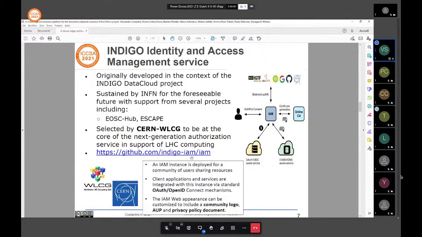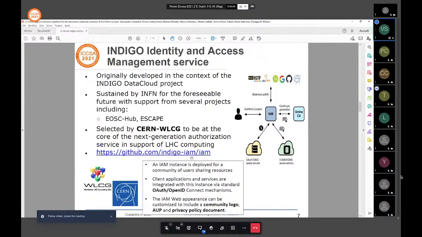It is sustained by INFN and by the projects that decided to adopt this service, in particular the WLCG community at CERN, which elected IAM as the next generation authorization service. Here you can see the GitHub link for the Indigo IAM service.